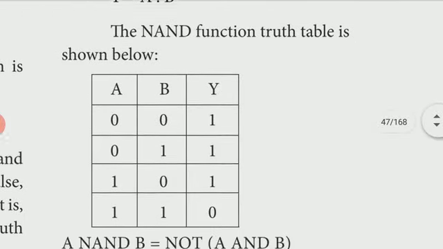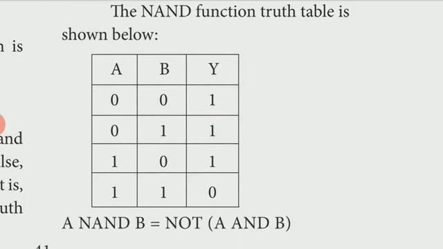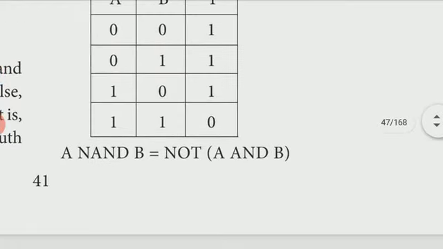So, this is the truth table. Usually for 1, 1, you get the answer 1 in the AND gate. Now it is opposite, so 0, 0 becomes 1, 0, 1 becomes 1, 1, 0 becomes 1, and 1, 1 only becomes 0, because for the AND gate we took the opposite. So, A NAND B is equal to not A and B.